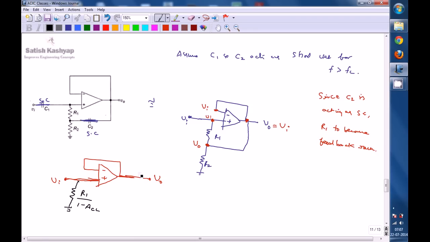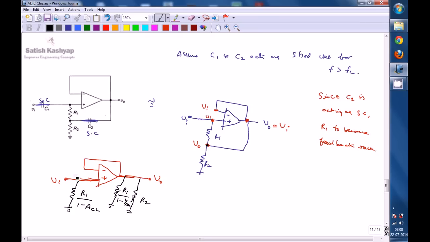And at the output node, from this output node R2 is connected to ground, so we will connect R2 directly towards ground, and R1, being a feedback resistor, has to be equivalently represented on the output side. By that time it will become R1 divided by 1 minus 1 by ACL.